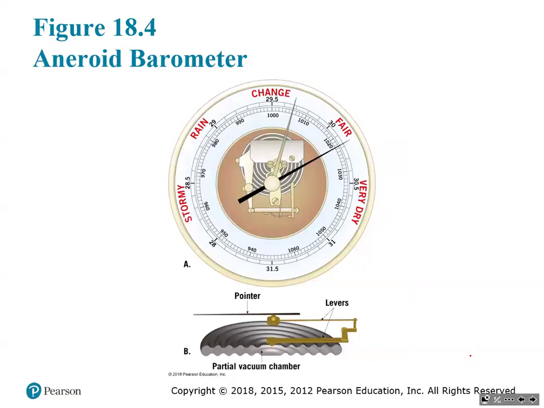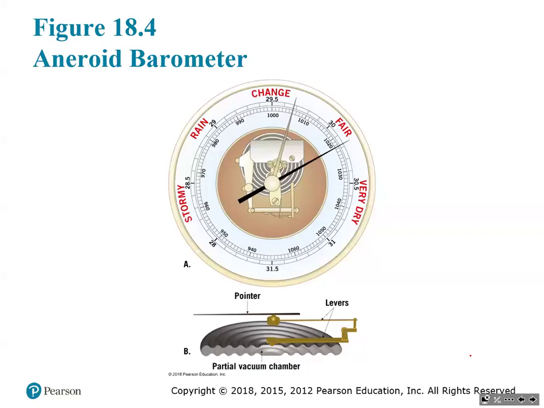An aneroid barometer, on the other hand, uses a partial vacuum chamber like this that, when the pressure goes down, will expand a little, and when the pressure goes up, will shrink a little. That pushes on a set of levers, which rotate this dial, the pointer, that points to different pressures.